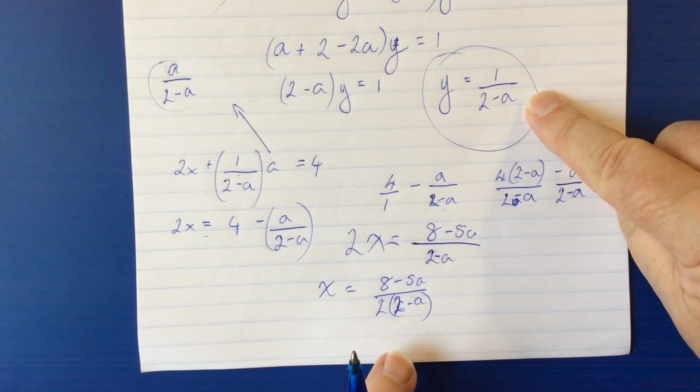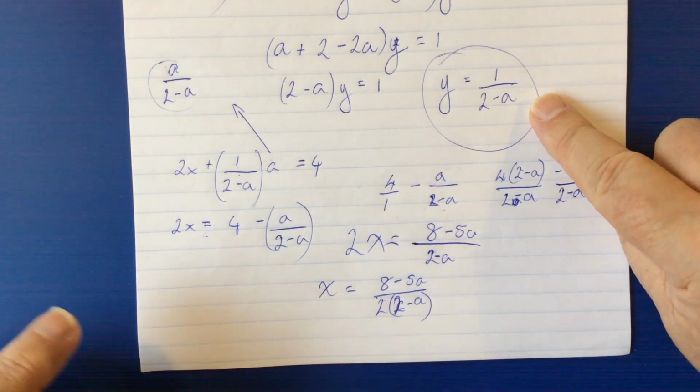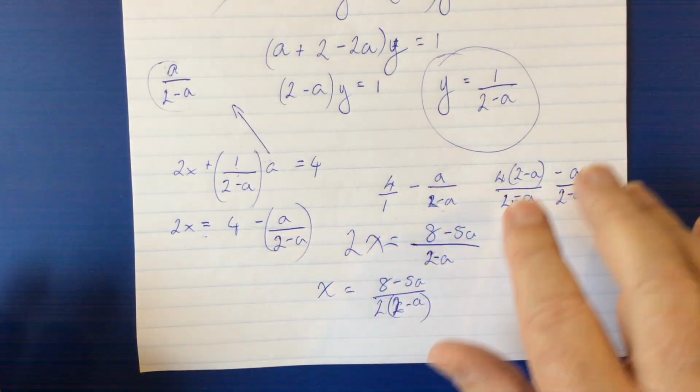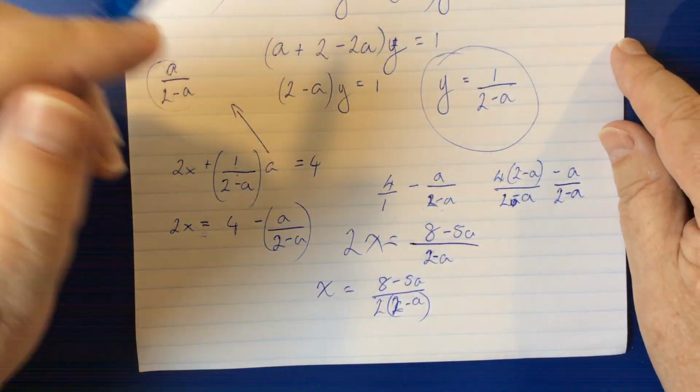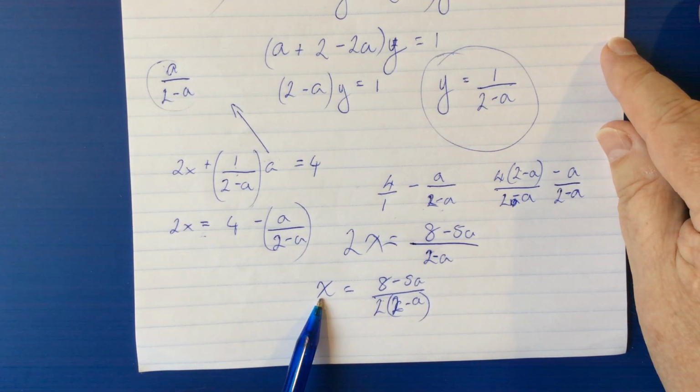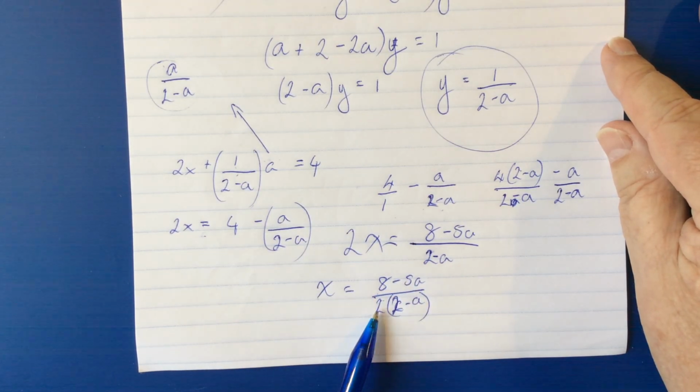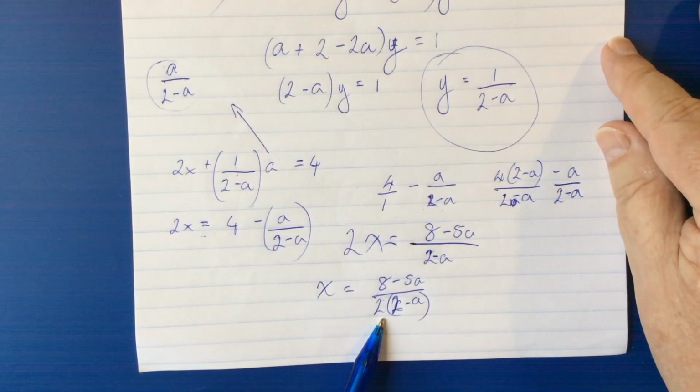And it allows us to answer our second question, which is there a real value of a for which x and y cannot be evaluated? So x is equal to 8 minus 5a over 2 into 2 minus a. This is not the only way in which this can be written, I hasten to add that.